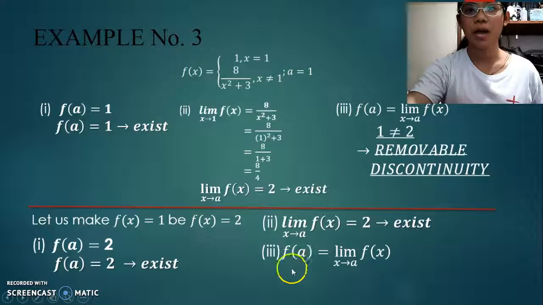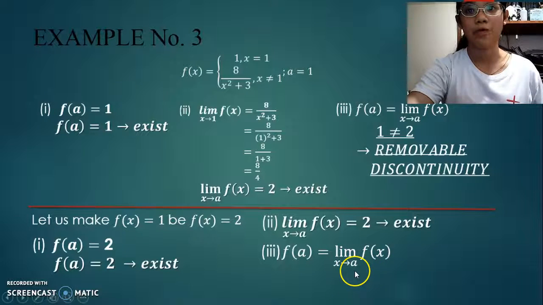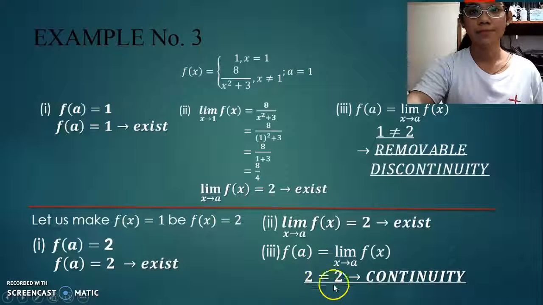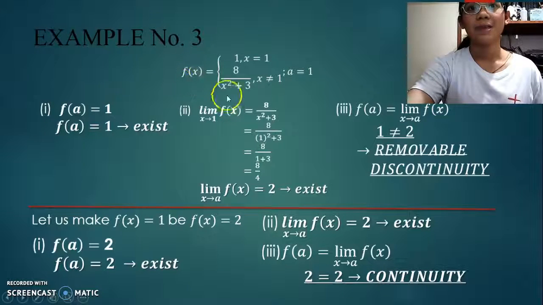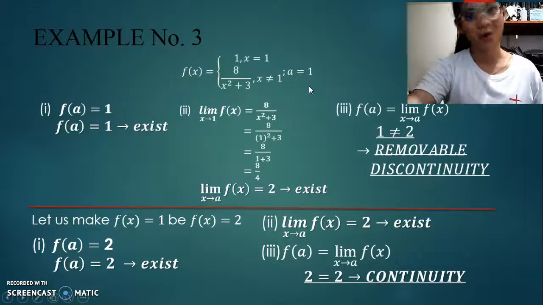So, condition number 3, f of a must be equal to the limit of f of x where x is approaching a. And the values of these two are equal to each other. So, finally, the piecewise function is continuous at point 1.